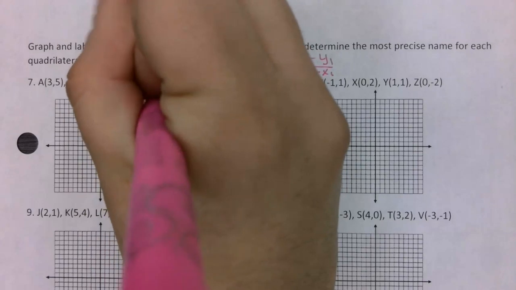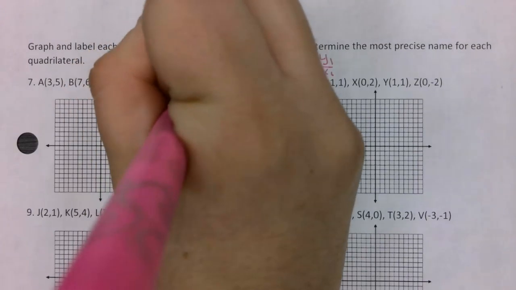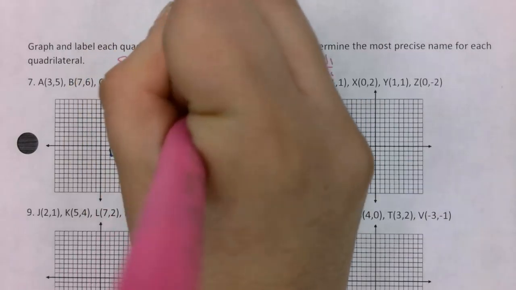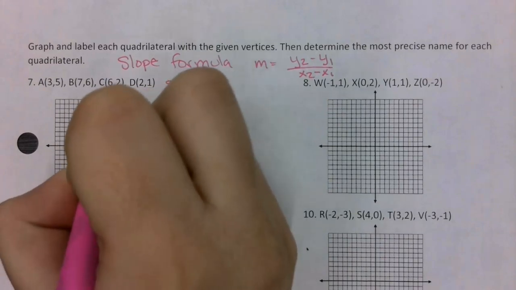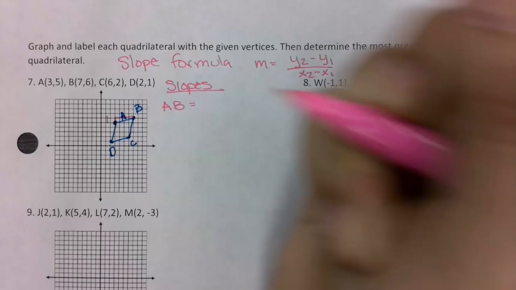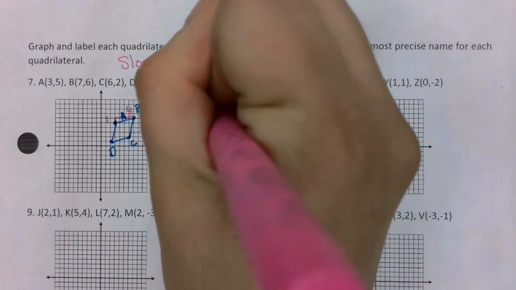So if I want to find my slopes, first one I'm going to do is between A, B. So how many am I going up and over from A to B? And how many did I go over? 4. So my slope for AB is 1/4.